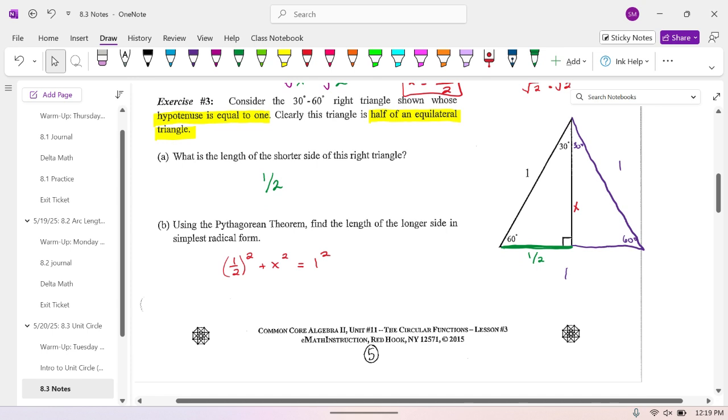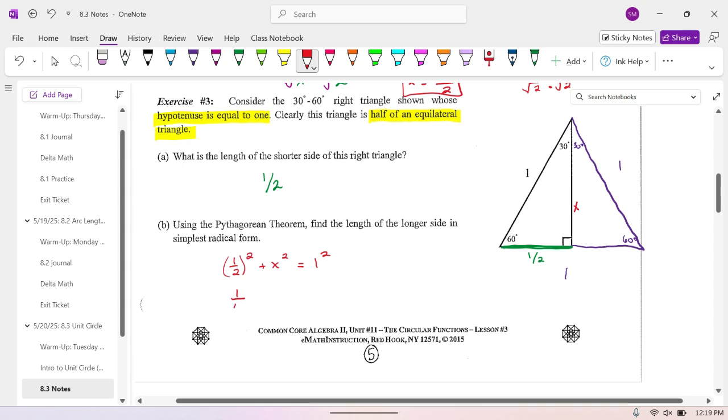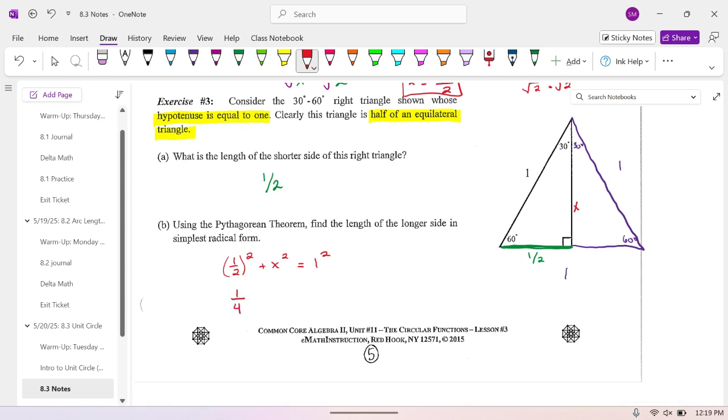That's the same thing as 1 squared over 2 squared. What's 1 squared? What's 2 squared? 4. So 1/4. Another way to think about it is 1/2 times 1/2. Plus x squared is equal to just 1.